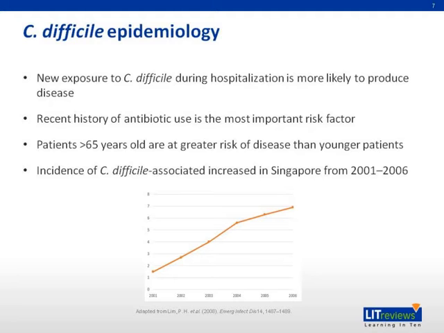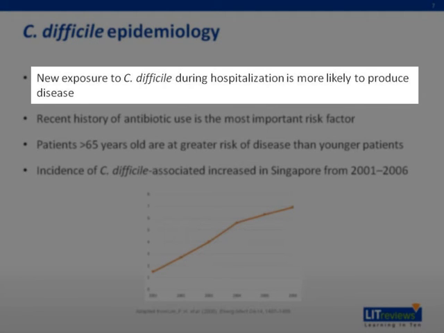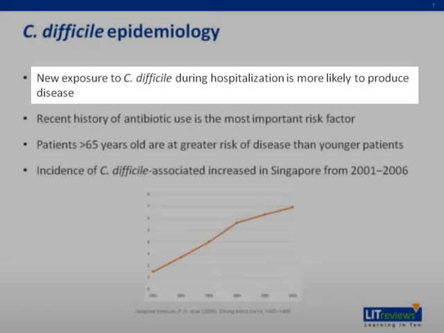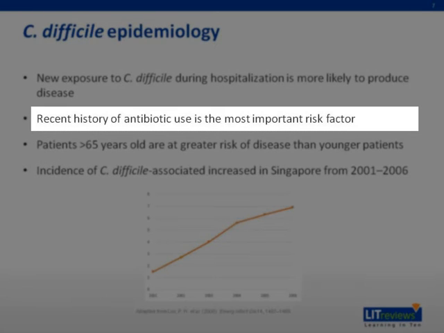So for the epidemiology of C. diff, you're more likely to come down with this pseudomembranous colitis if you previously didn't have C. diff infection and you get exposed during hospitalization. We now know that Clostridium difficile infection and pseudomembranous colitis is associated with recent history of antibiotic use.